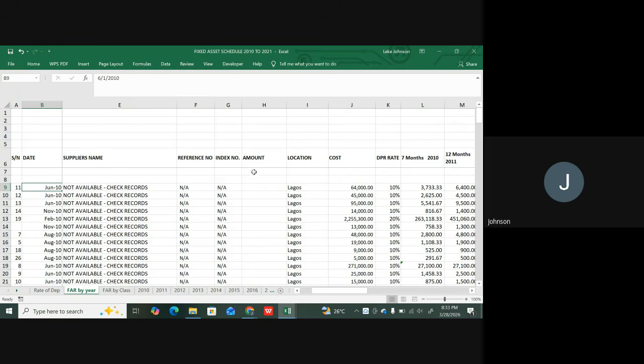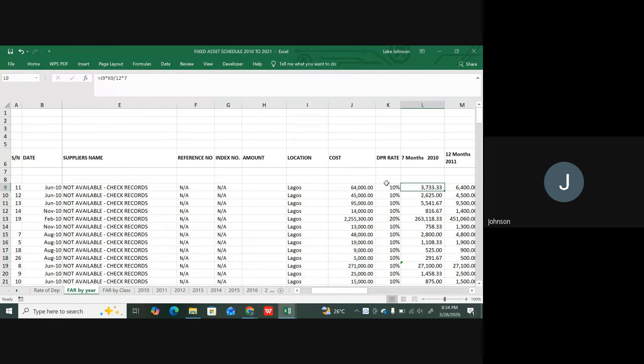So that is why they are having 7 over here. The first thing is that you know that it's 10% that we are charging, and this asset is supposed to be for 10 years. You now take 10% of this amount, which is supposed to be the normal yearly depreciation. But because this is just for 7 months, you now say equal to this times 7 over 12, or divided by 12 times 7, it is the same thing.